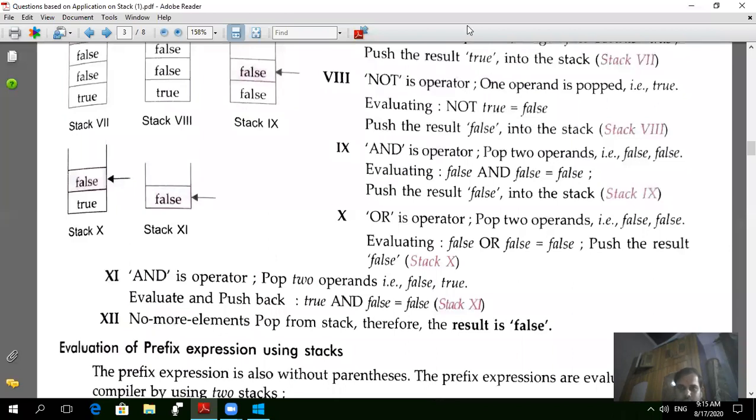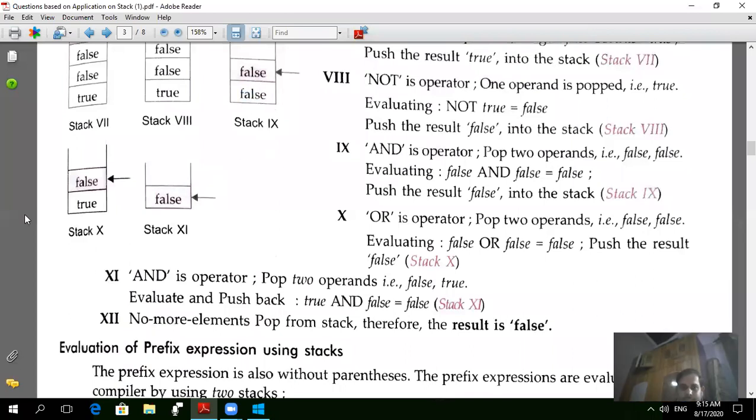Something is wrong in this diagram, because, sir, stack number 9 is given wrong, and the 10th also. How are we getting this true at last? Because this time its value is, sir, false. The 9th is wrong. At the last position, true is there.